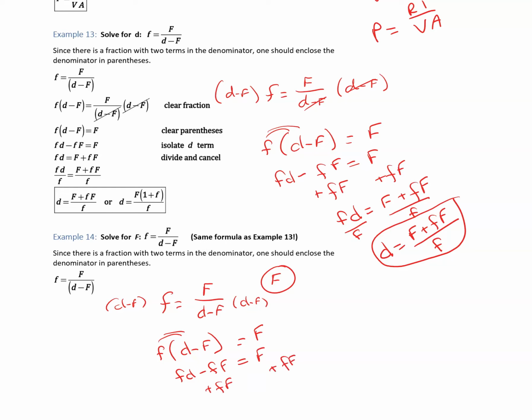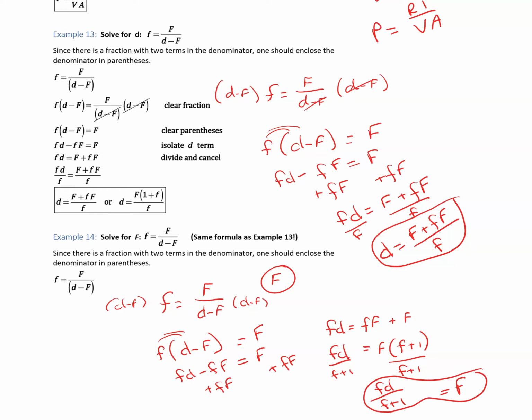So basically my steps are still the same. So I get little f d is equal to little f capital F plus F. Now factor out the capital F. So I get little f plus 1 and divide by little f plus 1, and I get capital F is equal to little f d over little f plus 1. And again, you can't cancel anything.